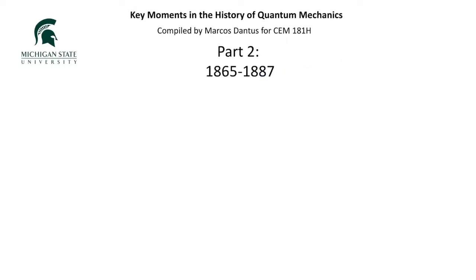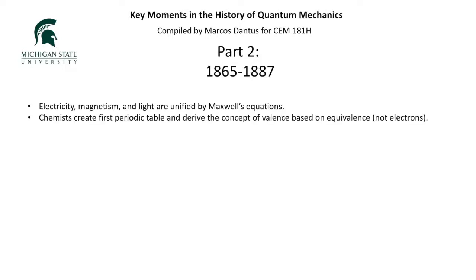In this part, we will be covering how electricity, magnetism, and light were unified by Maxwell's equations, that during this time, chemists were already creating their first periodic tables and had derived the concept of valence based on equivalence, not electrons.